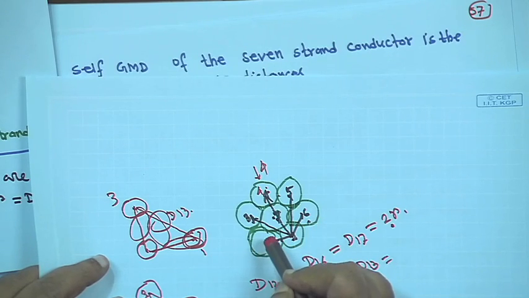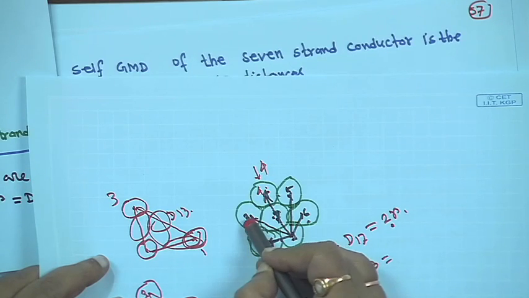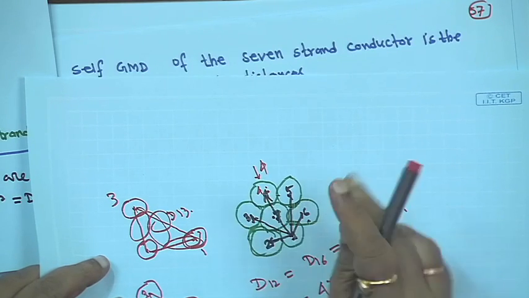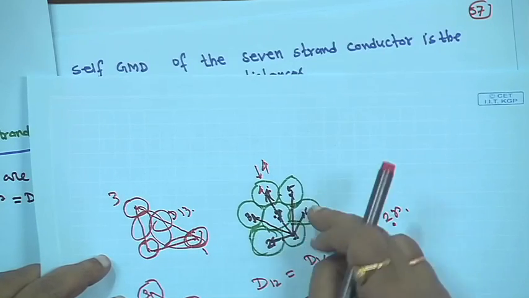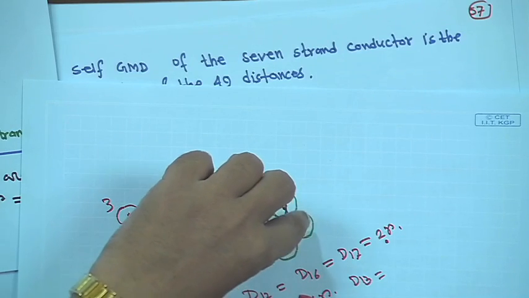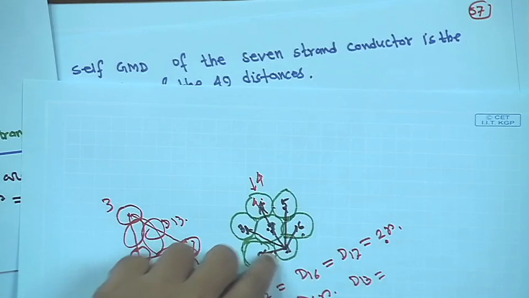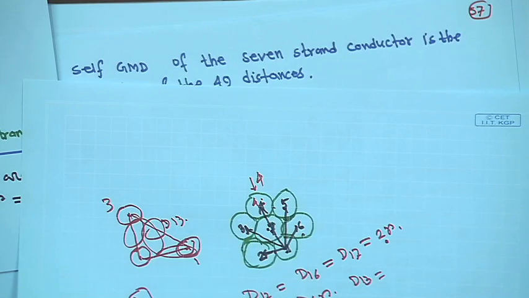Similarly, if you consider this conductor also, then you have to take this distance and this distance. If you consider this one, so every time twice it is coming, and d12, d16, d32, all distances are the same. So, for each conductor this distance is repeated twice, because one is here, d12 and d16, they are the same, d12 is equal to d16.